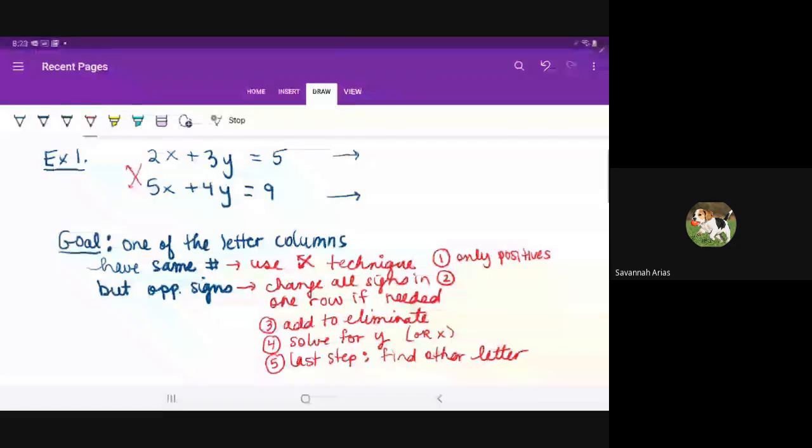But what the arrows mean is the 5 that's in the below row, you're going to write it in the above row, the top row. And the 2 from the top row, you're going to write in the bottom row. But if any of them were negative, you would not include the negatives.